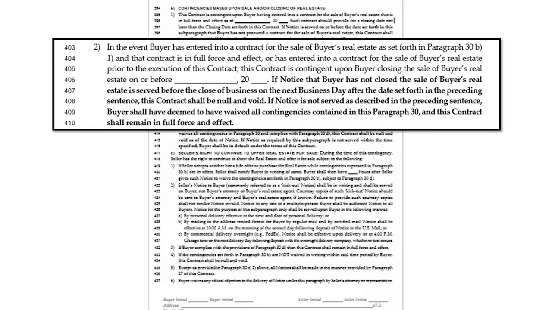So if you're going to use the sale contingency, you need to use the closing contingency. So if you're going to use one, you need to use two. But you could do it without using one. That's when it would be only contingent on the closing. So this is the closing contingency. All right, so you've got home sale, home closing.